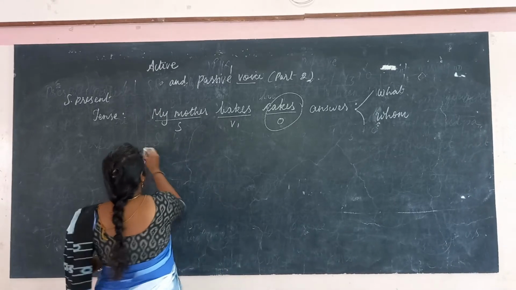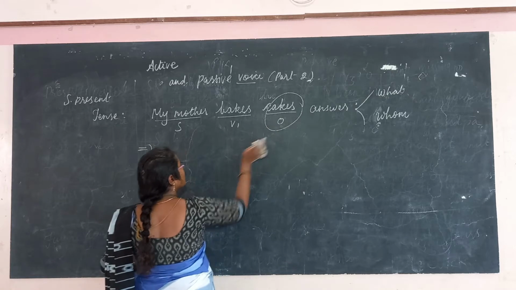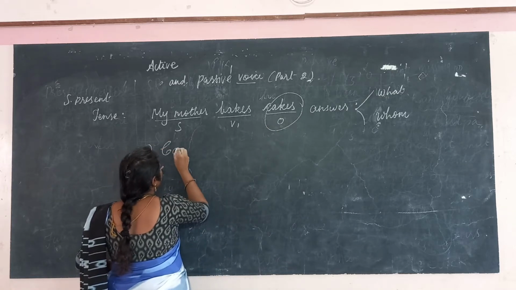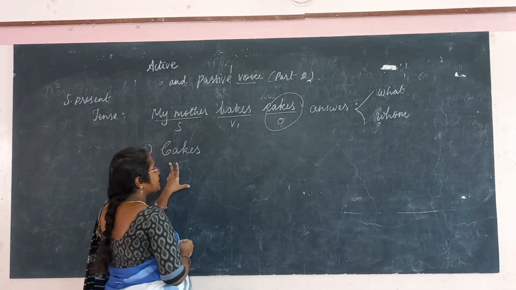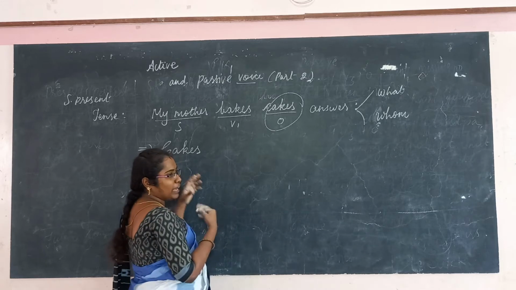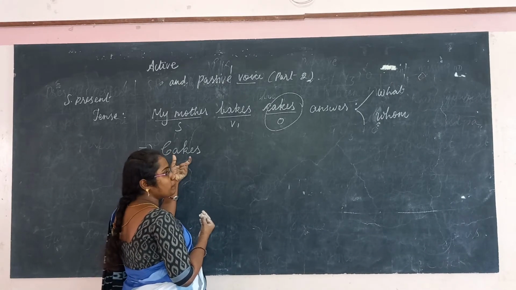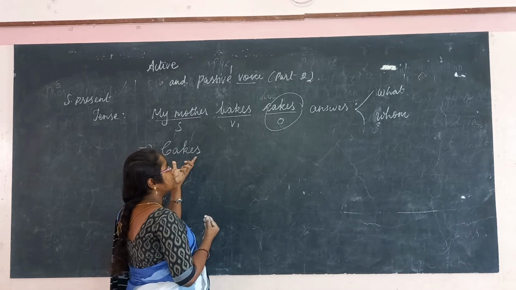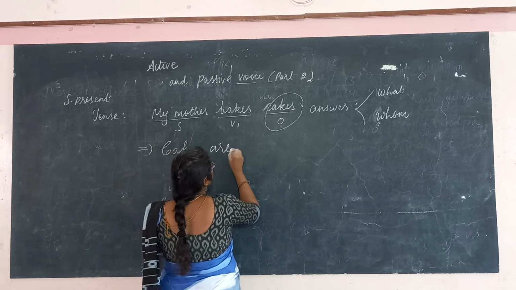Look at that. The first one. The object turns into a subject, so cakes. Cakes are plural. Now we have to add the be form verb for the number of the subject. This is plural and this is the present tense, so the be form verb is are.